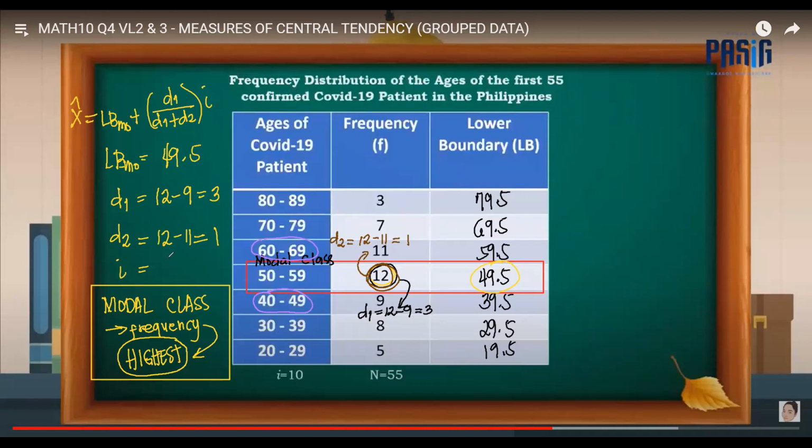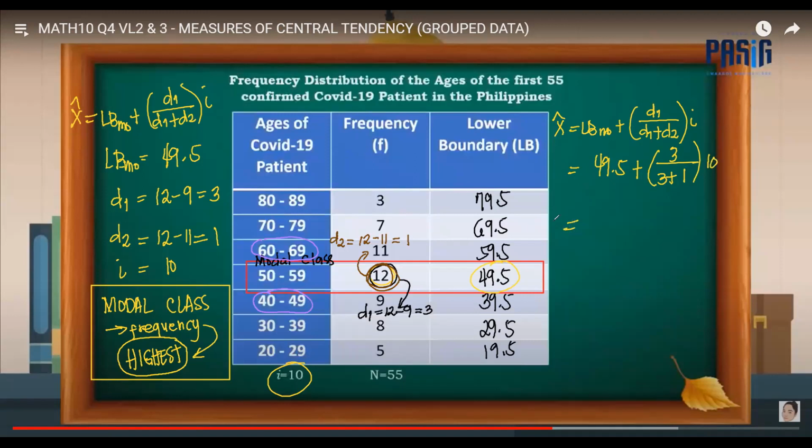Next, yung I natin, alam nyo na yan, that is 10. Okay? So substitute lang natin, this is again the formula. I will write the formula again. Plus D sub 1 divided by D sub 1 plus D sub 2 times I. So the lower boundary of the modal class is 49.5 plus D sub 1 is 3, D sub 1 plus D sub 2 which is 1 times I which is 10.